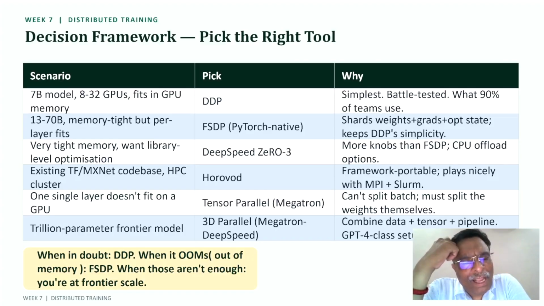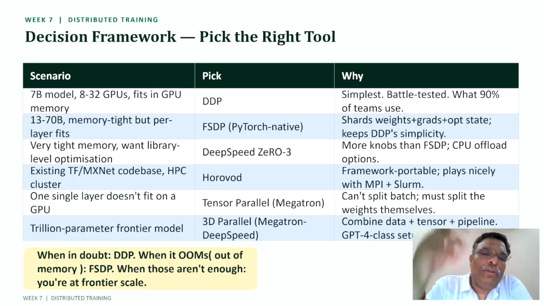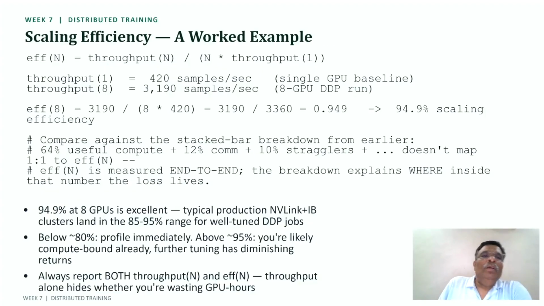That is the general parameter to judge what needs to be used, either DDP or FSDP. The scaling efficiency we will discuss in the next session when I execute the programs and see how the throughput and efficiency change.